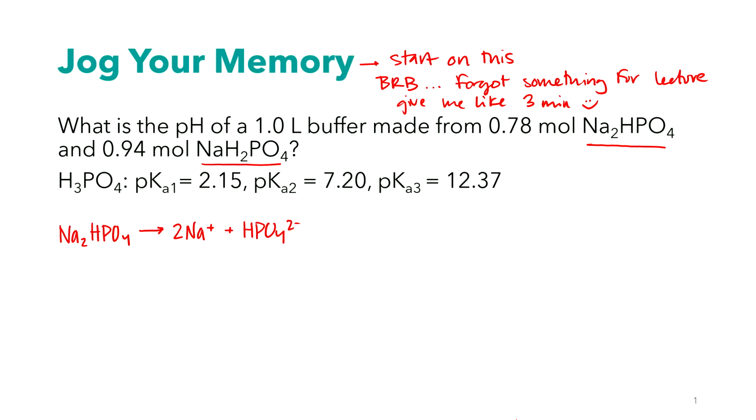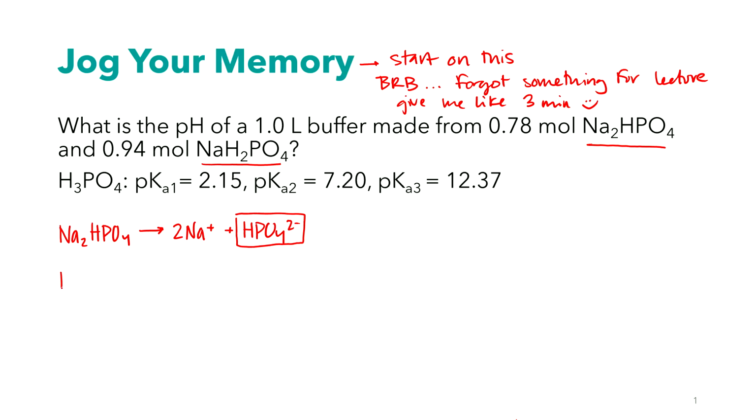I am more concerned with that HPO4 2 minus. Na plus is an unreactive cation. It's a spectator. It's not densely charged enough to draw in waters and create some acid. It's just there hanging out.